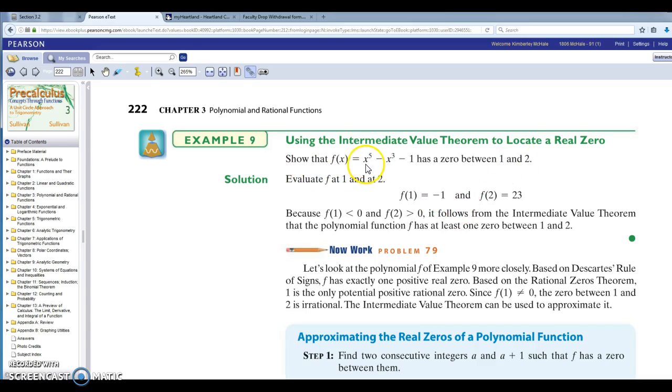If I plug 2 in, I get 2 to the 5th, which is 32, minus 2 cubed, which is 8. So 32 minus 8 is 24, minus 1 is 23, and it's positive. So it looks like I have a negative and a positive, and therefore there's a 0 in between those two.